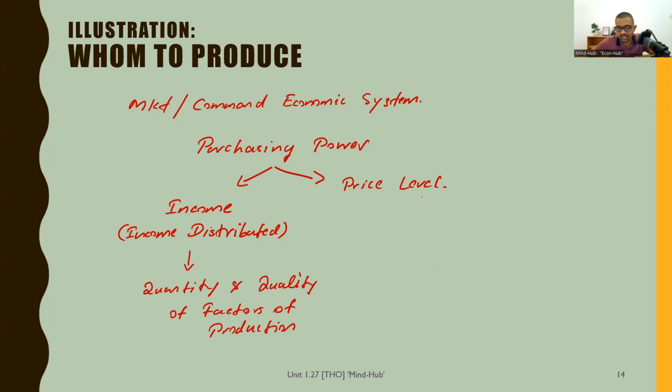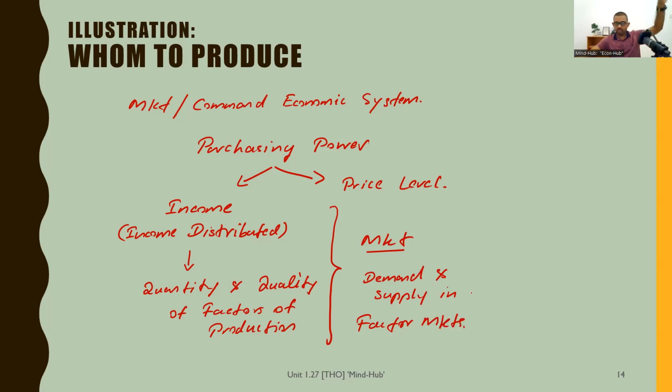Okay. Price levels will depend on the prices that are decided in the market. Now, there's a thing like this. Very quickly, we'll do this. This income, the quantity, quality of factors, all this is true, but this particular point here, I'll just write it on this side. The income in a market economy is decided based on demand and supply in factor markets.